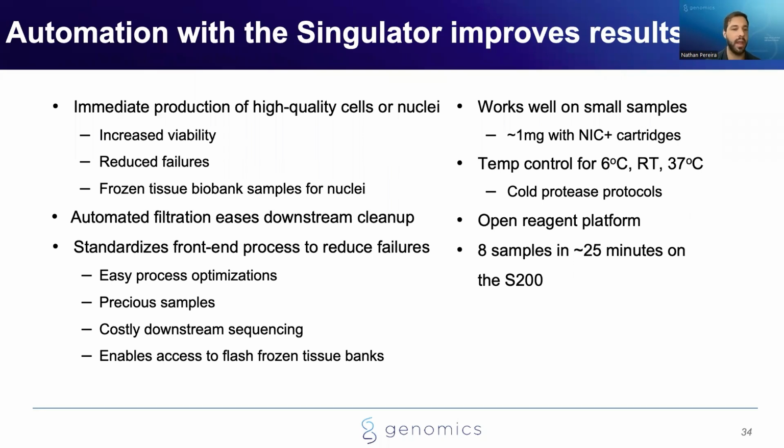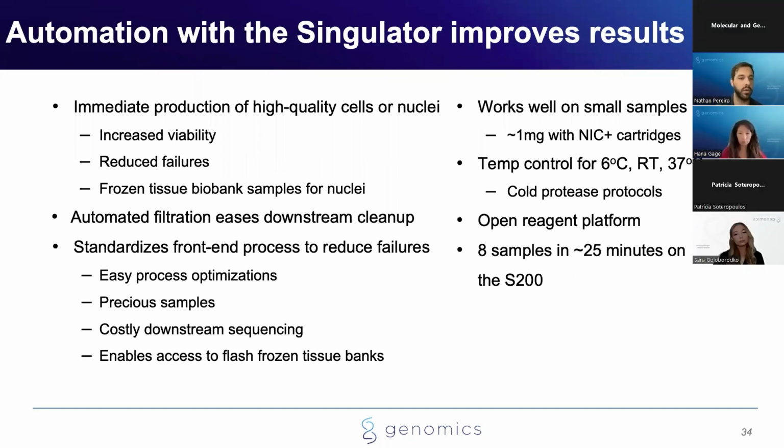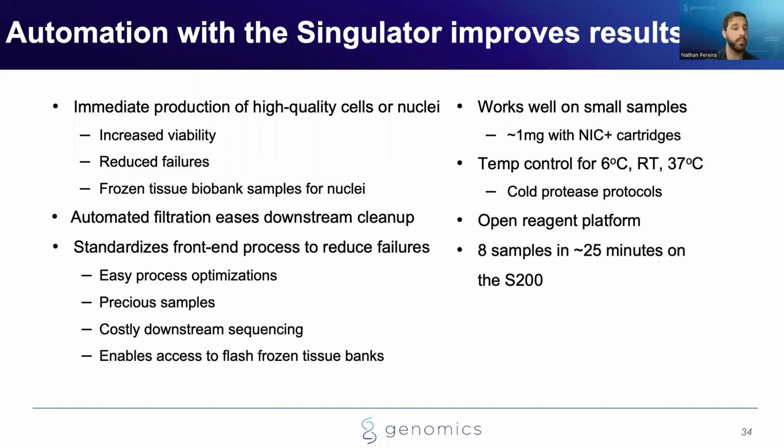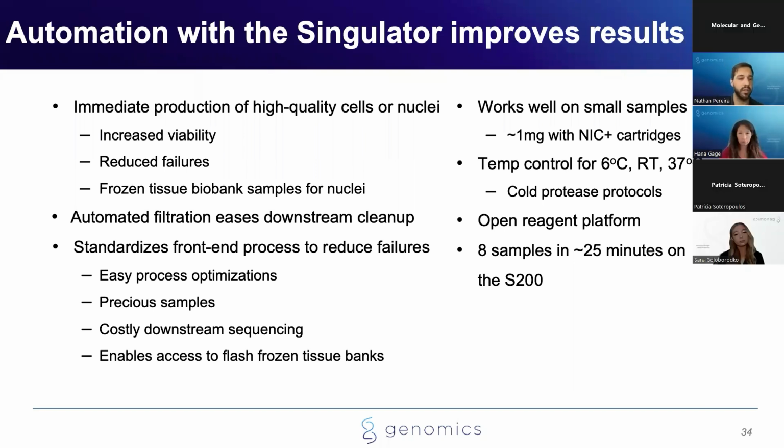Usually, again, as I mentioned, a couple runs of your type of tissue, and optimizing can get you a pretty good cell or nuclei suspension. It standardizes your upfront process that will help you reduce failures. Again, if you have precious samples and you're trying to figure out a way to isolate cells or nuclei from a small biobank of samples, you don't have to waste a bunch of them building up protocols.